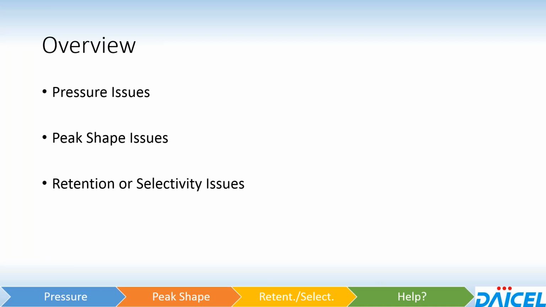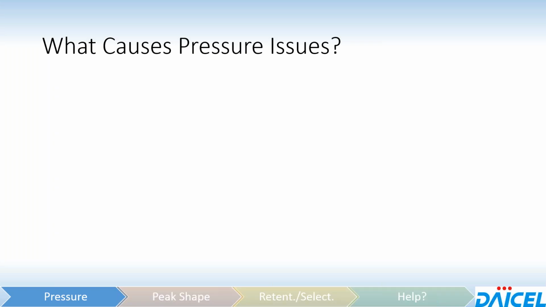So we'll deal with those three sections as the major talking points today. And then at the end, a section on how we can help if you are facing these issues directly related to the columns, what kinds of services we have that might restore the function, or perhaps you might actually need a new column. So we'll start with pressure issues.